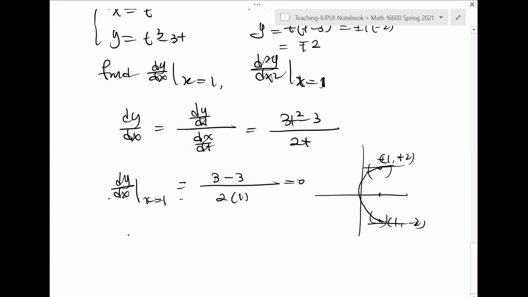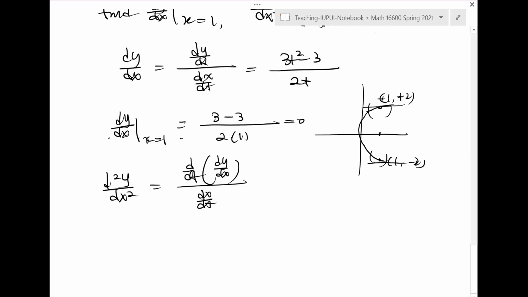So now the second derivative is going to be: differentiate this. So dy over dx is going to be the derivative here, right?